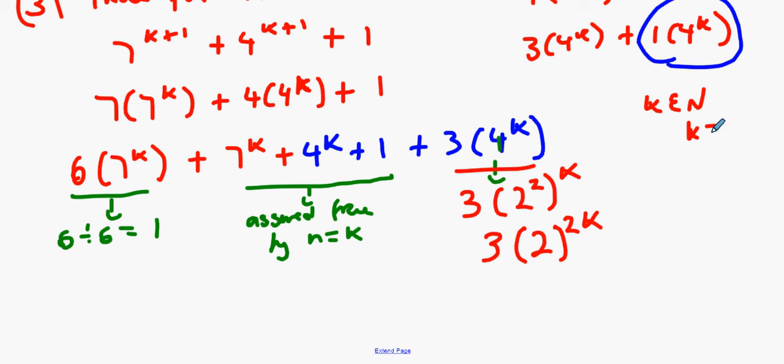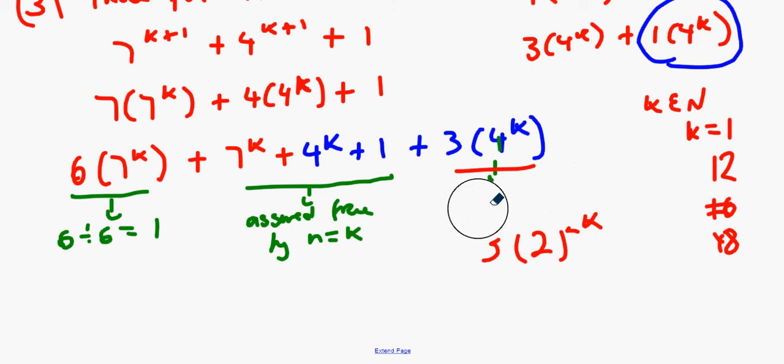1. So what's the lowest value? 3 times 4? 12. 4 to the power 2? 16. 16 times 3? So it'd be 48, won't it? So what you can say is that 3 times any even number. Is 3 times any even number divisible by 6? It is, isn't it?